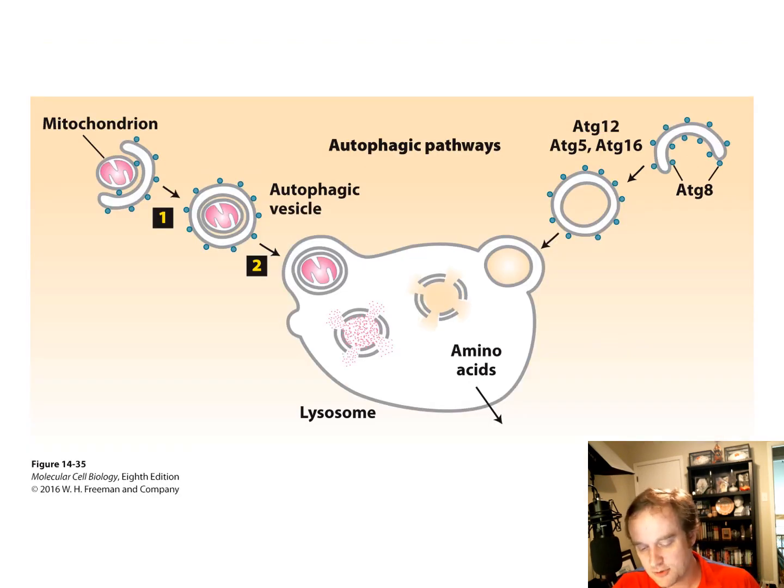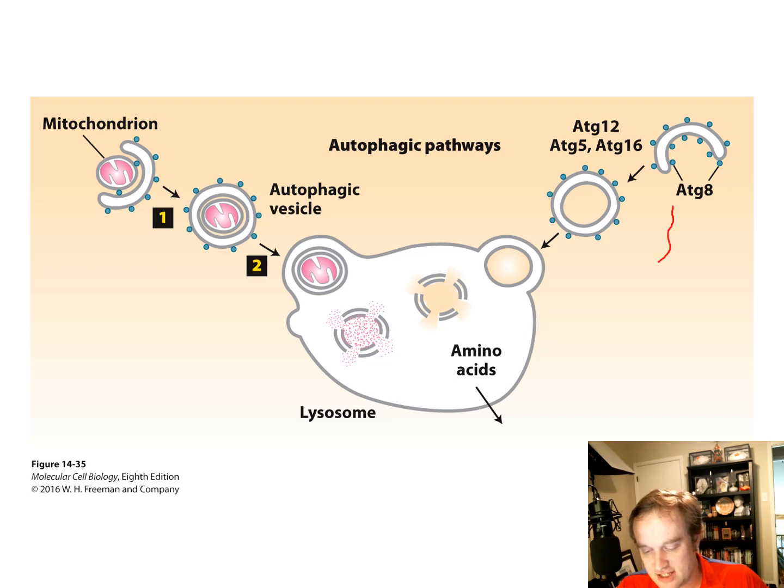So the very last thing we're going to look at here in this chapter is the autophagy or autophagic pathway. And this pathway delivers cytosolic proteins and organelles to the lysosome for degradation. And the mechanism for this is that we have these ATG proteins that induce formation of this cup-shaped membrane structure that goes around a portion of the cytosol.